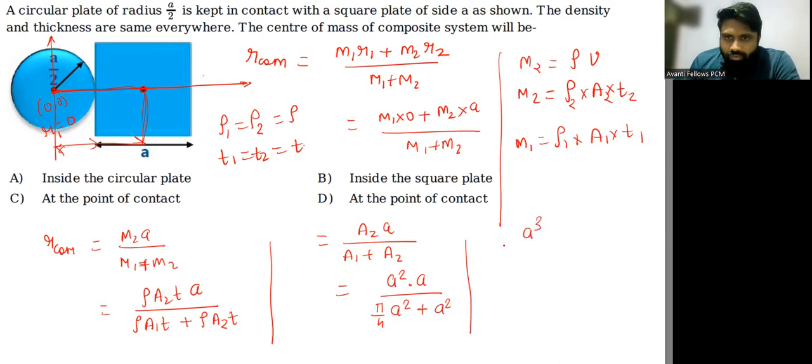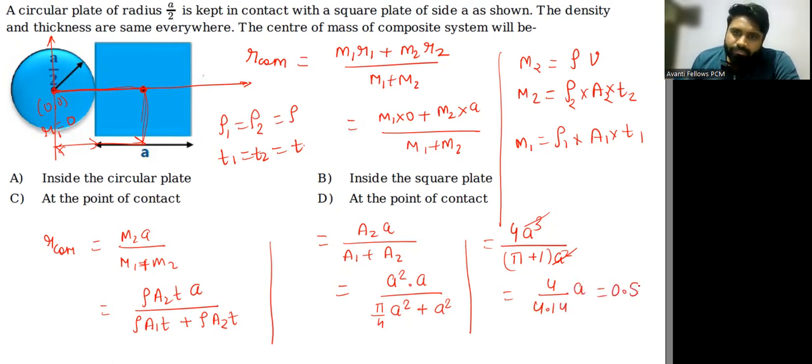This will become a cube divided by pi by 4 plus 1 into a square. This will cancel the square power of it. It will become 4 upon 3.14, the value of pi, plus 4. So 4.14 into a.